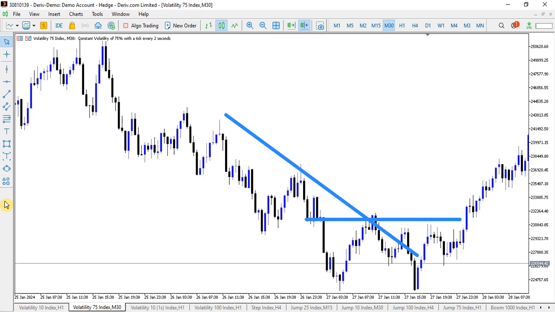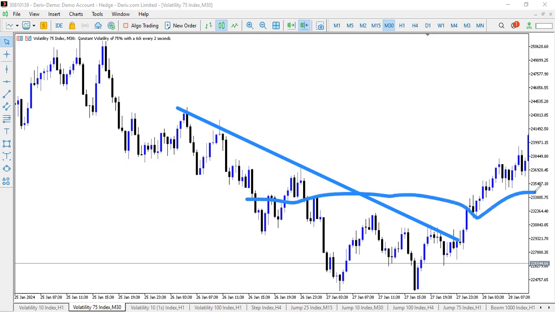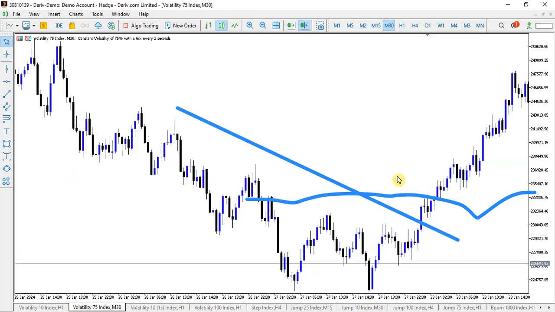Let me just delete this. This is where the market decided to respect. Just pardon the rough work, but I'm trying to make you understand something.